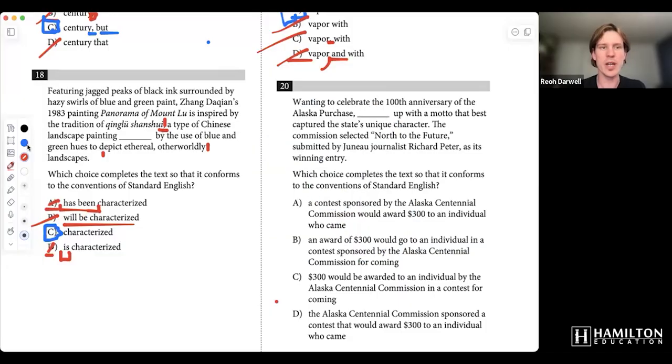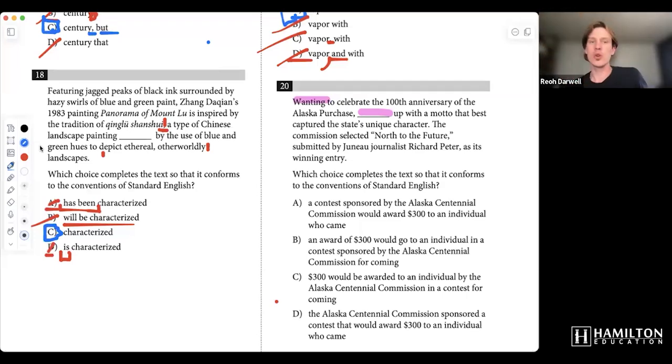All right, so question 20 is what we call a modifier question, meaning we're trying to figure out what is the thing or the noun that is doing this wanting, okay? Whatever subject is performing the verb, wanting, needs to be right here. So the subject needs to be next to the verb that it is doing.